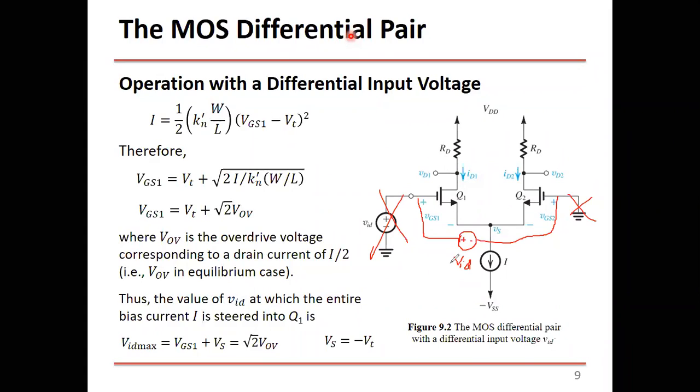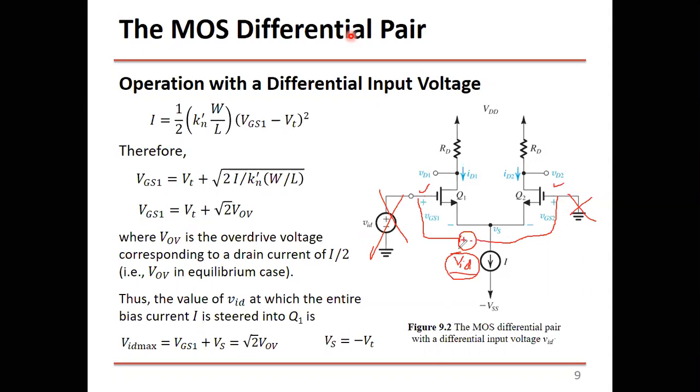Right? So if VID is positive, that means this one is higher than this one. If VID is negative, that means VGS2 is higher than VGS1. So you have two inputs and you're connecting across them the differential input, VID.